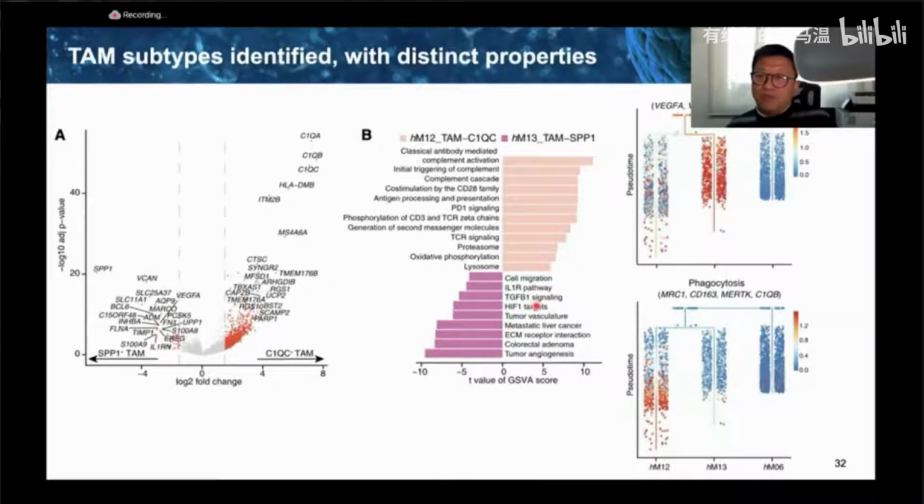This is also obvious if we project the TAM subset by expression of angiogenesis and phagocytosis related genes on the URD map. Based on all these, it seems like these two TAM sets might have very different or even opposite functions. One is pro-tumor, and the other is anti-tumor. So we should really keep this in mind when developing strategies targeting TAMs.